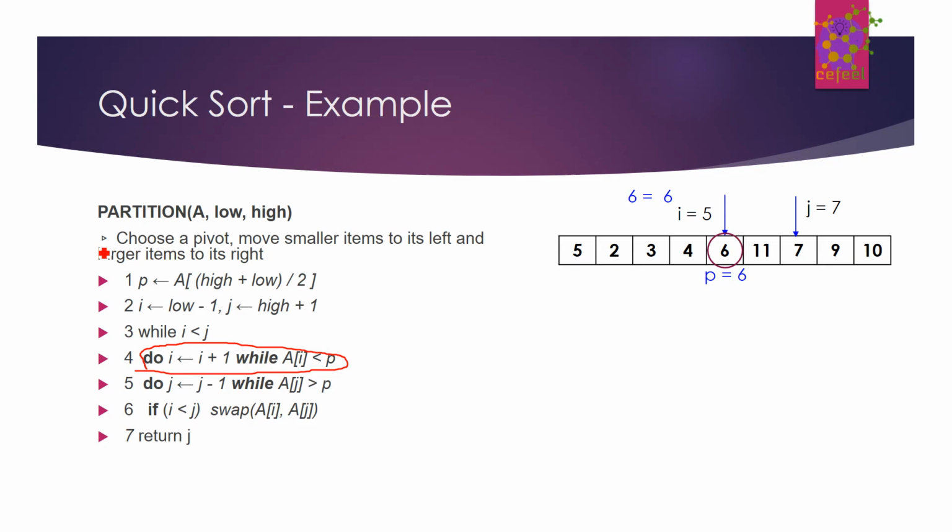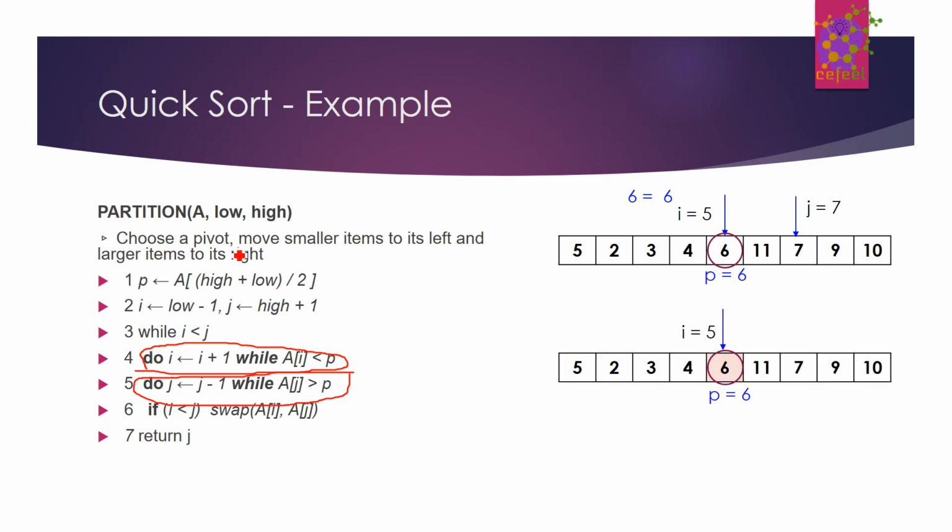Cool. So i will keep pointing at 5, and then we go to step 5 where we start with j and keep decrementing j. So j is at 7 currently, j will be decremented to 6, and 11 is the value, and we'll compare aj with p. So aj 11 is greater than 6, which means 11 is correctly placed with respect to 6.